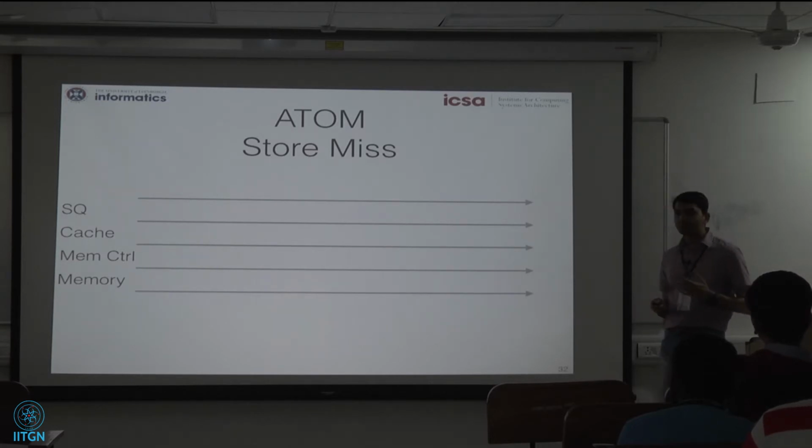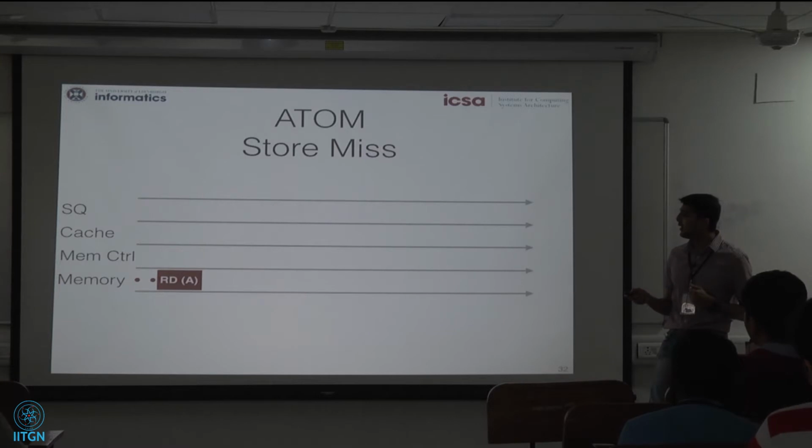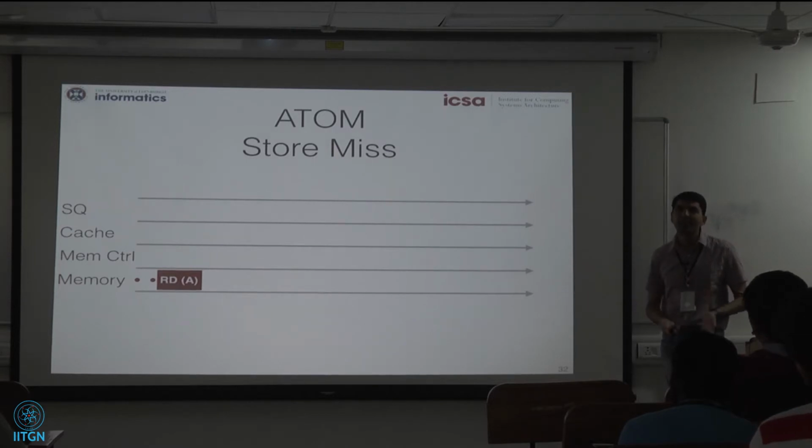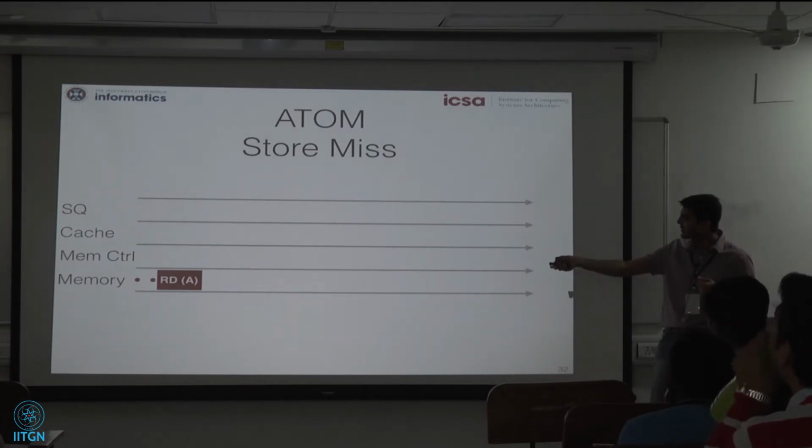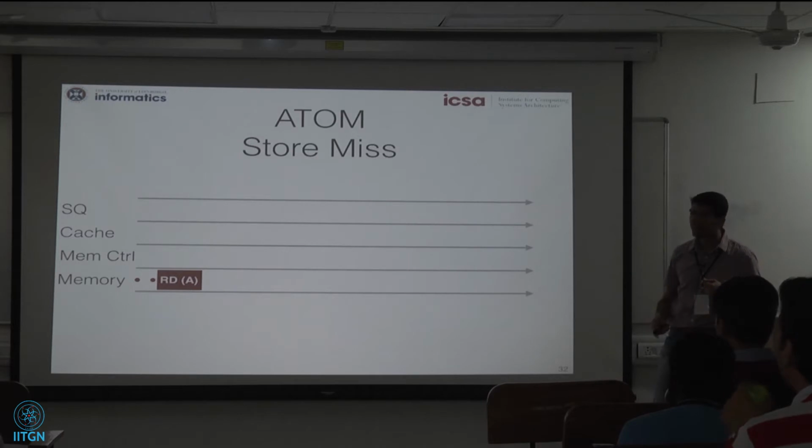So what happens if you have a store miss in the cache? I'm not showing the entire sequence of operations wherein the store request will go to the memory to first read that cache line back to the cache hierarchy, and then modify the value. So let's say the store request missed in the cache, and the cache sent a read request for that cache line to memory.